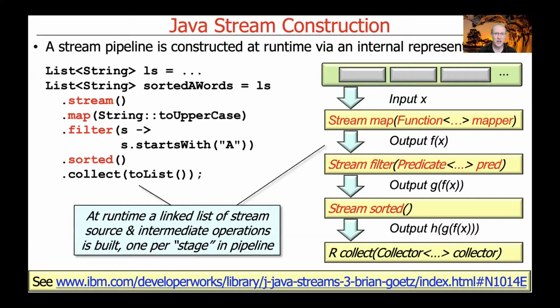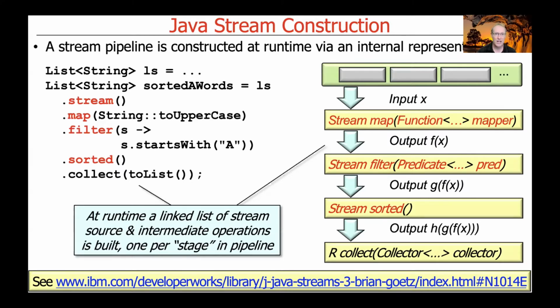Instead, they basically work as factory methods that create a linked list of source and intermediate operations. One element, one node in that linked list for each of the stages in the pipeline. So you can see here if you have .stream, .map, .filter, .sorted, all those things turn into nodes in a linked list that's created as your program executes.